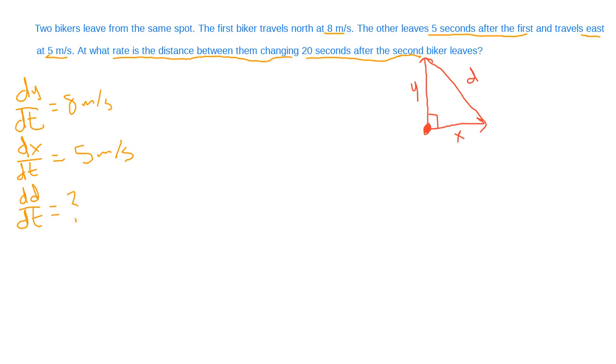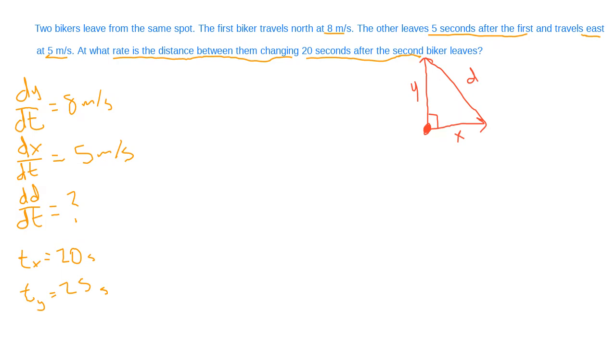And the last thing they explicitly give us is the time, and I'm going to say time sub x, because that's whenever the second biker leaves, is 20 seconds, and therefore, since the first one had a 5-second head start, t sub y is 25 seconds.